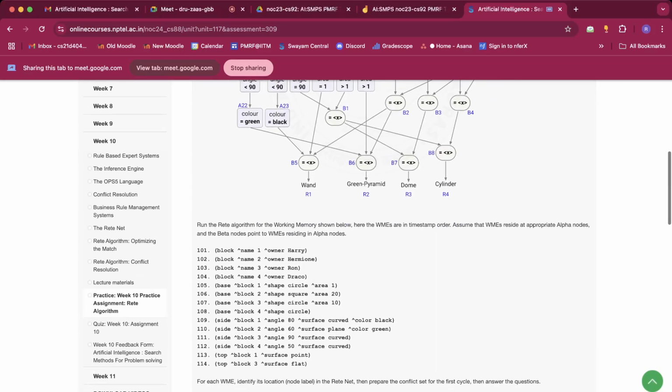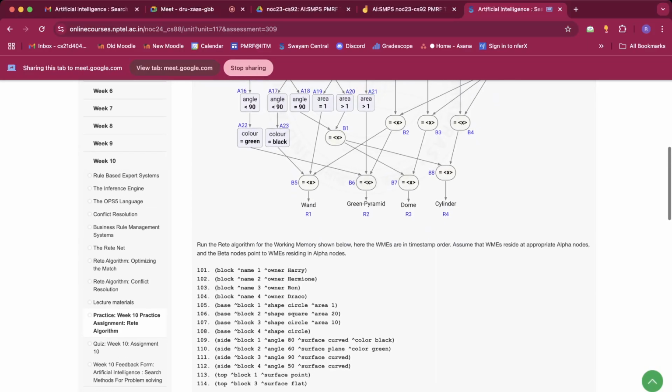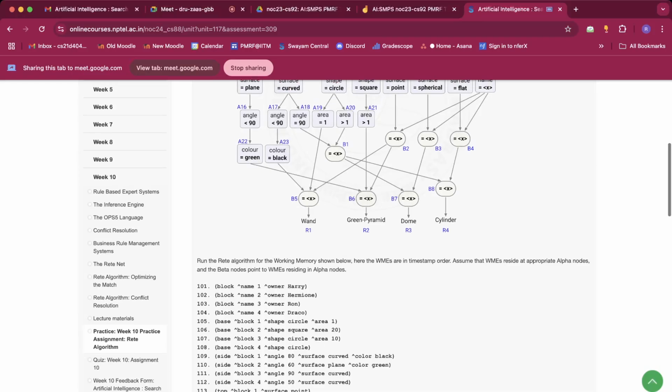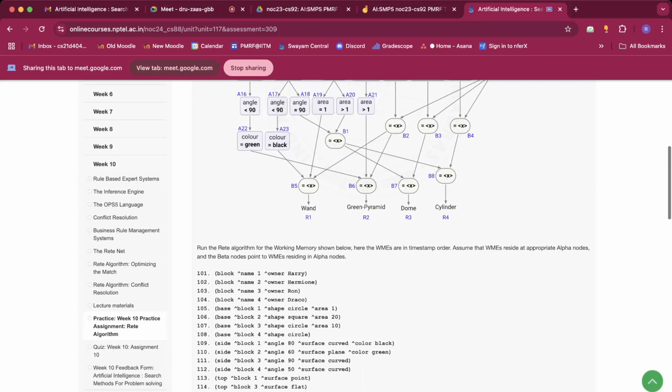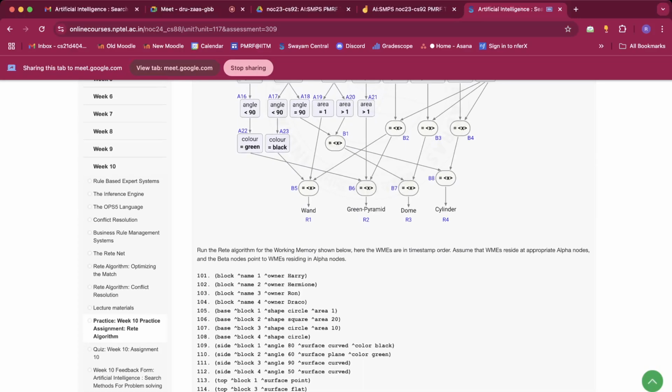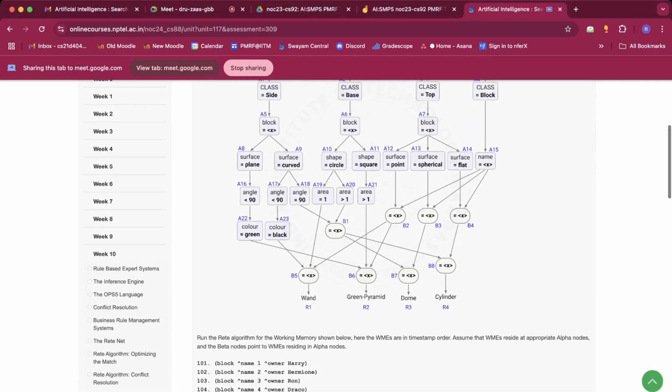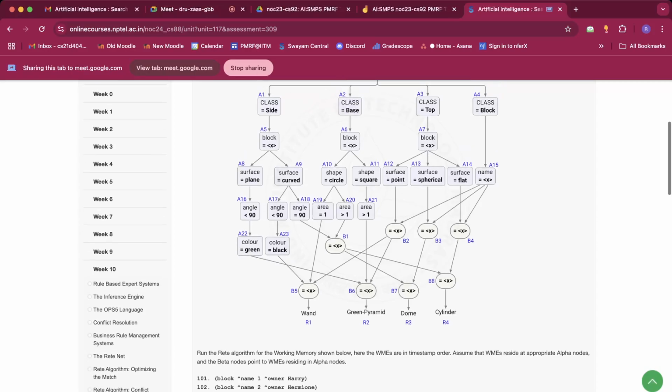Let's see how many elements can be put to use over here. First we are asked for a block with a particular name. So block name 1, block name 2, block name 3, block name 4 with different owners: Harry, Hermione, Ron and Draco. So 101, 2, 3 and 4. This takes care of this path. Now let's look at this particular path.